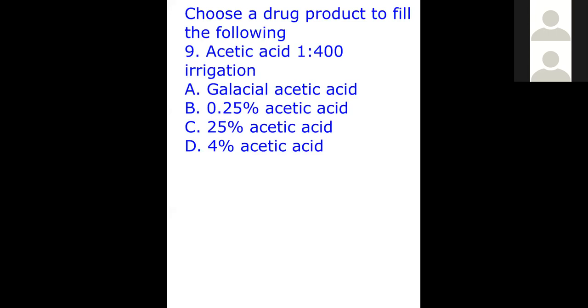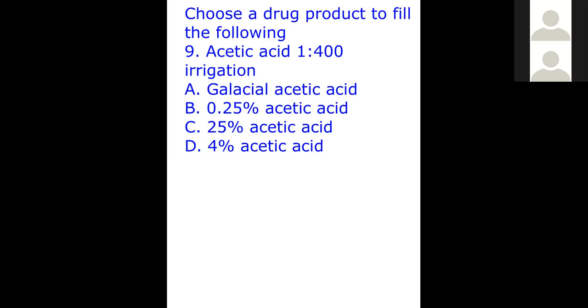So choose a drug product to fill the following: acetic acid 1 to 400 irrigation. So we have, our A is glacial acetic acid, B 0.25% acetic acid, C 25% acetic acid, and D 4% acetic acid. So we're going to have to convert this to a percentage.